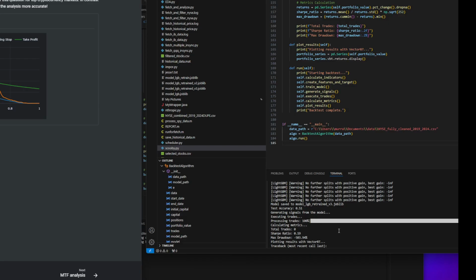Okay, so the machine learning thing, which was a LightGBM model, was okay, but it wasn't very good. Forget about this one for the moment, because that's not the one I'm talking about. It had a very low return on investment, but the drawdown was okay.